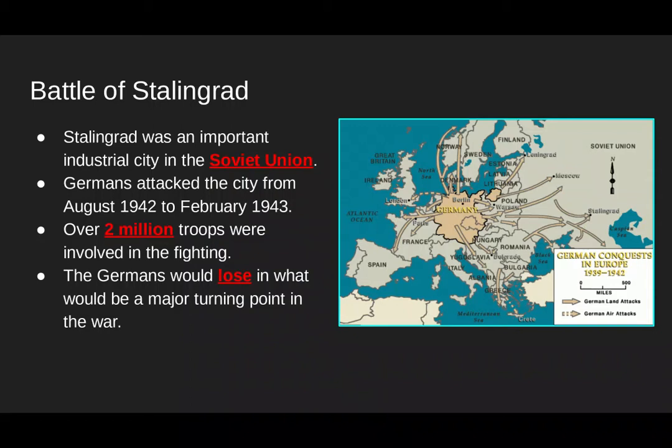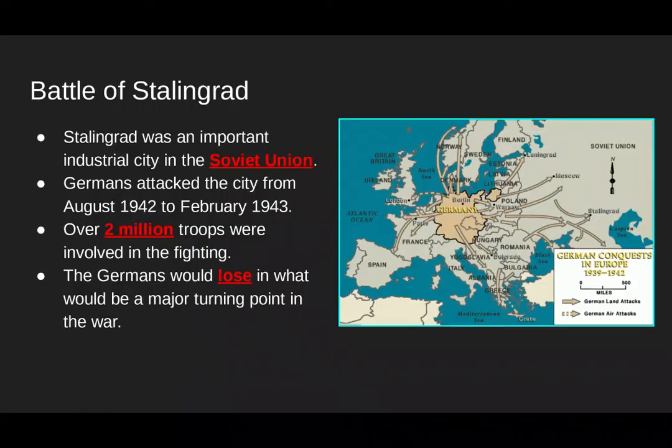But let's talk a little bit about that mistake in Europe, Hitler and the Nazis invading the Soviet Union. This was a massive, massive undertaking, and one that, like I've said numerous times already, is going to be the critical turning point in the war against Nazi Germany. This is when the Germans stop winning the war and start losing the war.